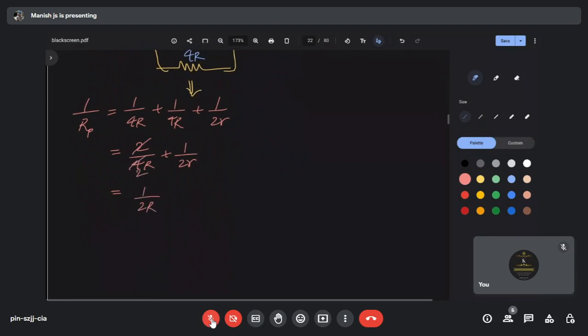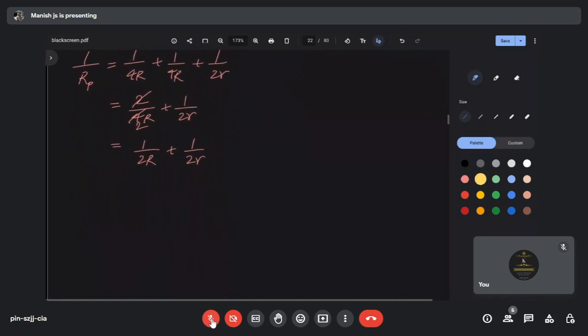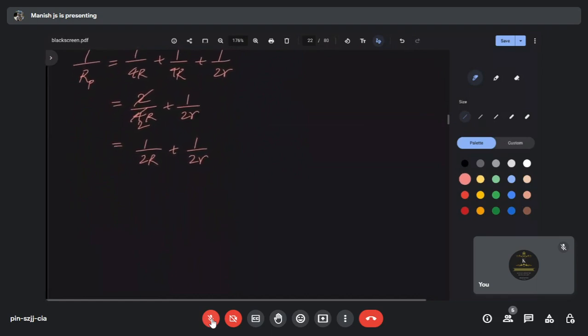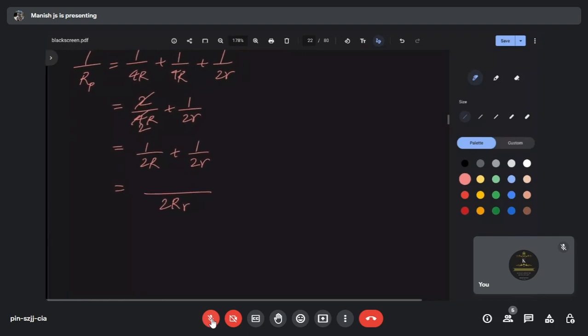So 1 by 2R plus 1 by 2 times small r. Okay. So now what is your LCM once you've simplified it? 2 capital R small r, sir. Yes, 2 capital R small r, and in the numerator, R plus small r, sir. Yes, small r plus capital R. Very good.